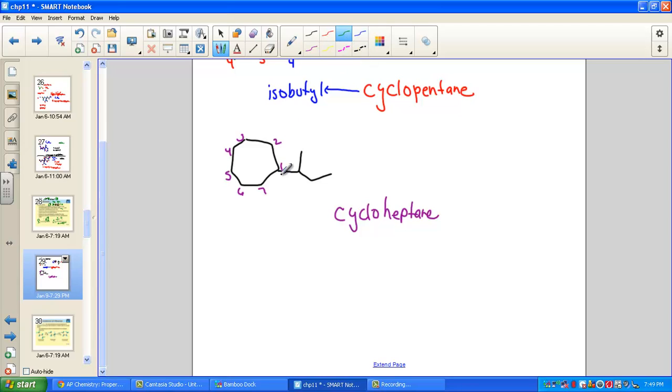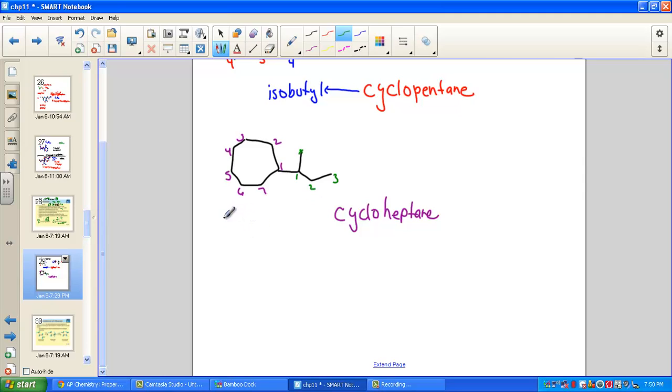Now I'm seeing an alkyl group coming off. It's not iso, it's not a branch where it's terminal with 2 carbons hanging off. So in this branch I have 1, 2, 3 carbons coming off, propyl, and at carbon number 1 there's a methyl group. So right here is an additional carbon.